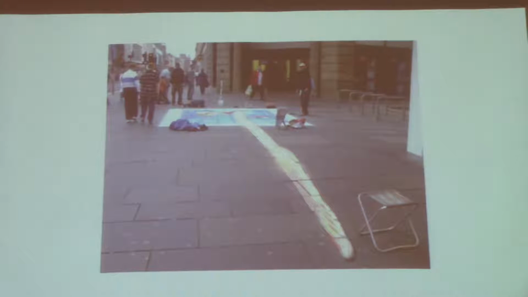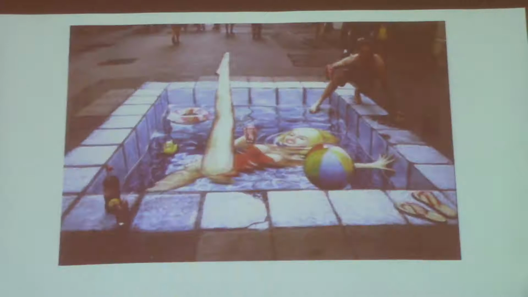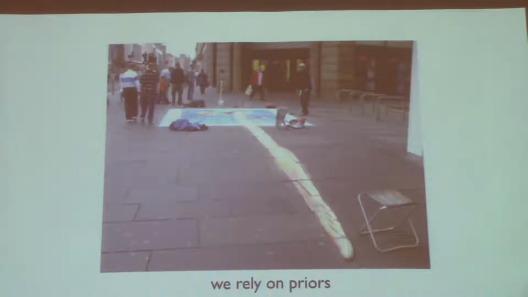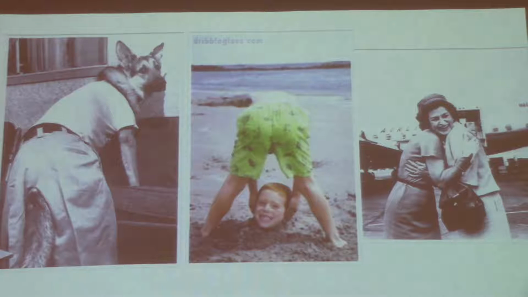And of course the comic appearance gives it away here, but still we perceive it as a three-dimensional object just because we're trained to perceive three-dimensional objects. So we rely on priors, on our understanding of how the world works, in our processing of information.